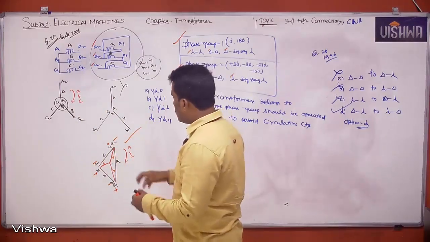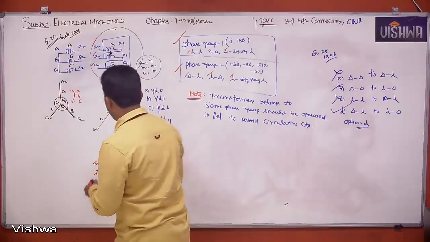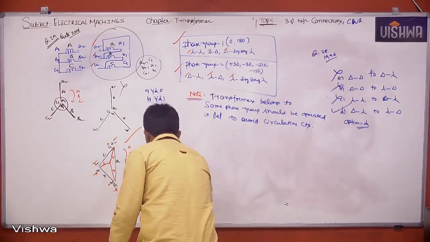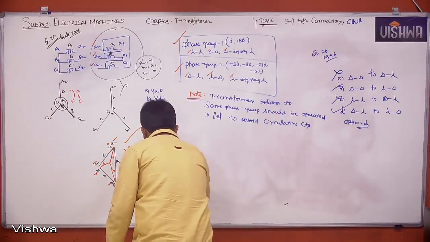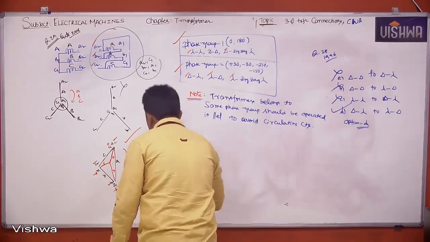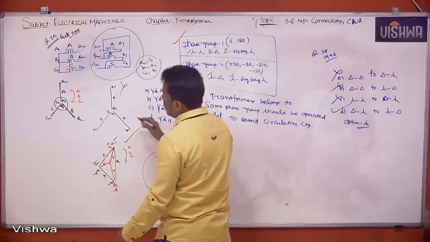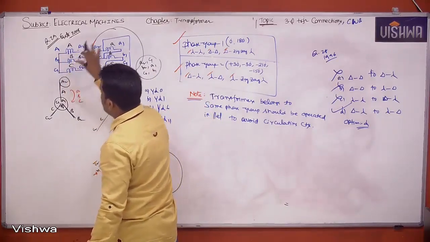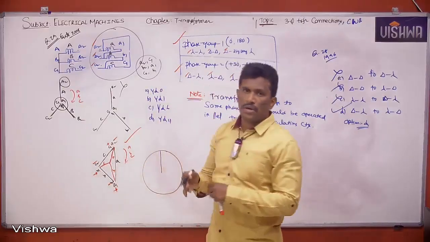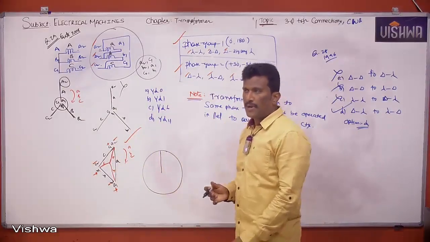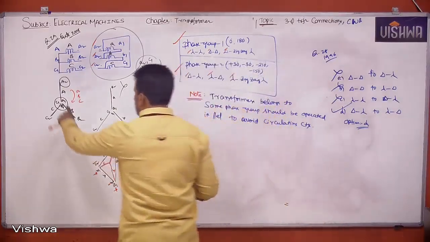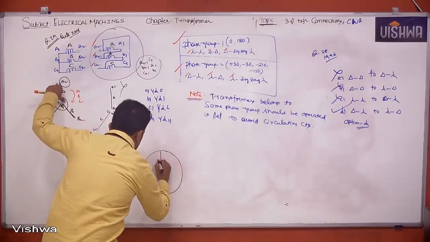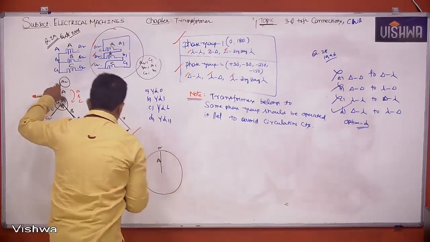Now compare this star with this star. In a clock, you have to compare small a with capital A, not small b with capital B, as I told you, because I made A2 at 12 o'clock. So this is capital A, which represents the minute needle.